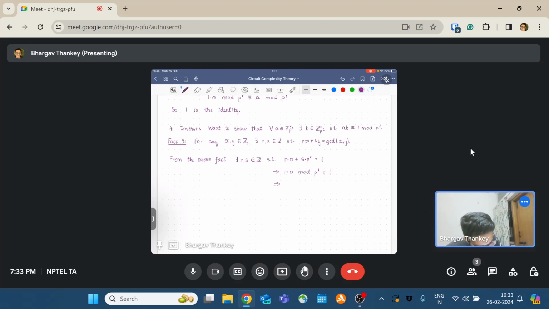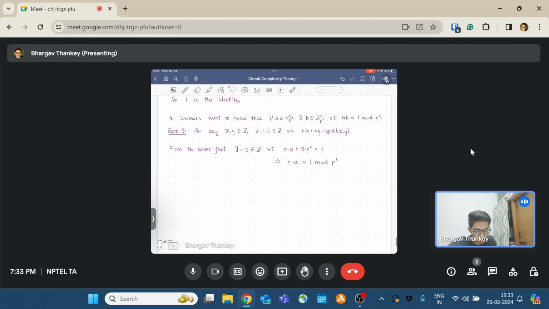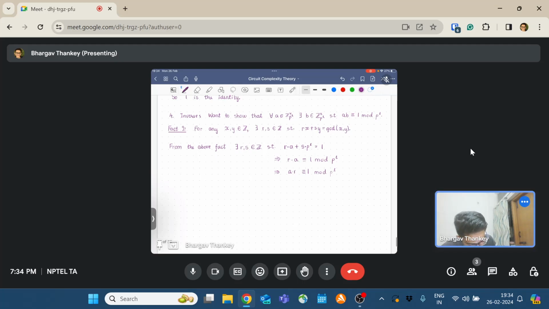Which implies R times A is just 1 mod P to the L. So we have that R times A is 1 mod P to the L, and this also implies that A times R is 1 mod P to the L, right? Because multiplication is commutative. So if R were in the group, we would be done, right? Exactly. So now we need to prove that R is in the group, right?